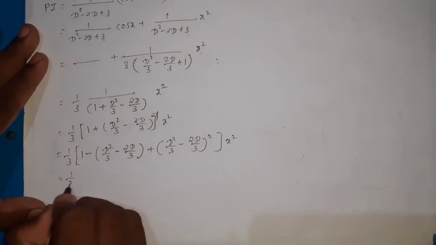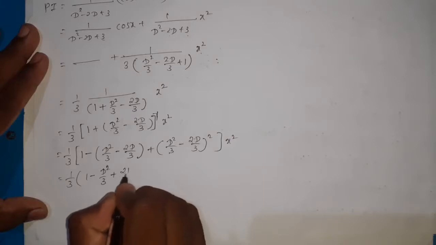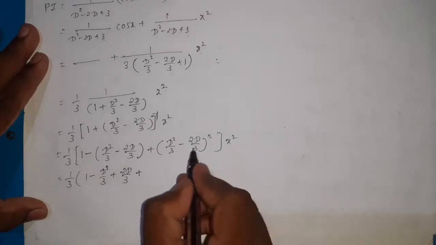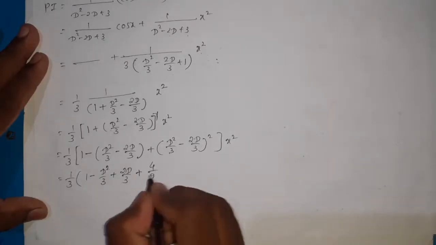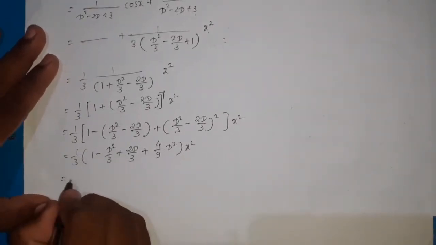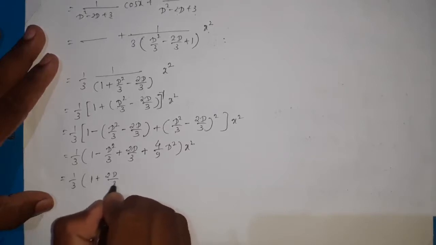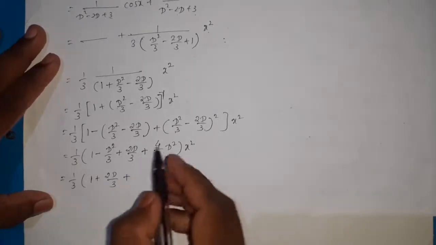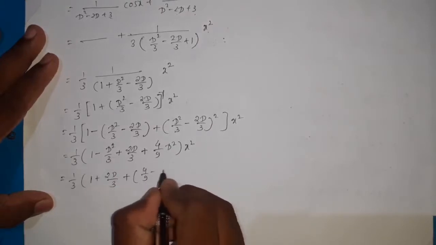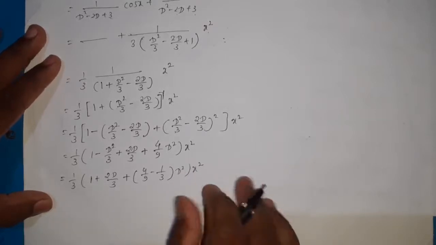Then it is 1/3 [1 + 2D/3 + (4/9 − 1/3) D²] x².